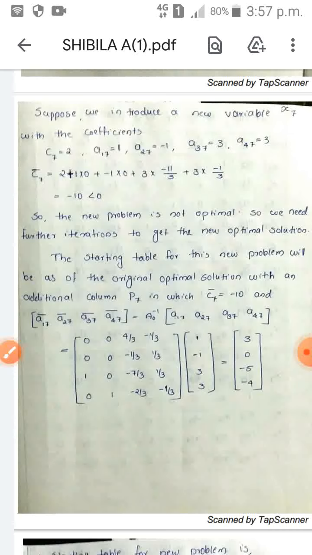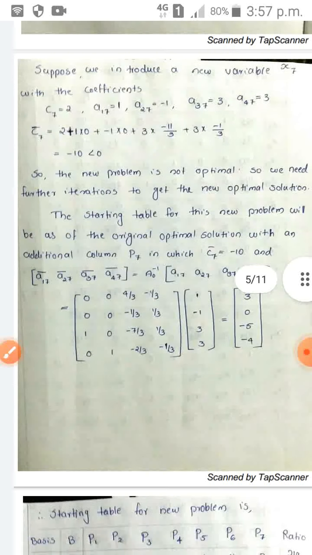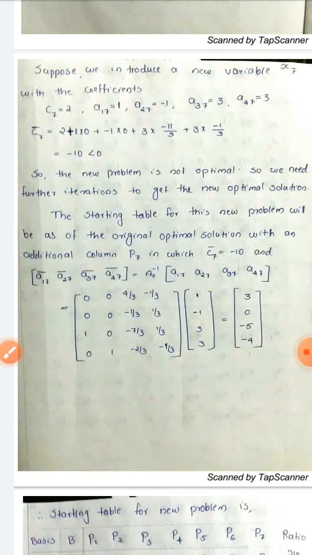Here a17 equal to 1, a27 equal to minus 1, a37 equal to 3, and a47 equal to 3. Substitute the values of the matrix coefficients and multiply with A inverse. We get 3, 0, minus 5, minus 4, which is our new column P7.